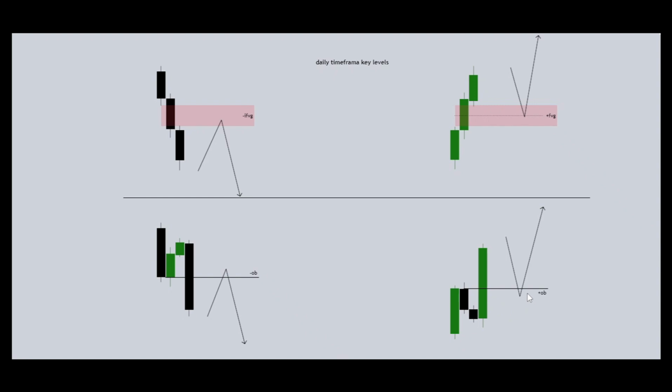Same thing here. Wait for the market to tap into the order block, and then wait for that pattern to form. This is important, guys. You wait for the market to show you that pattern. Once you see that pattern, that's when you can start trading. All this time you must be waiting for the pattern.